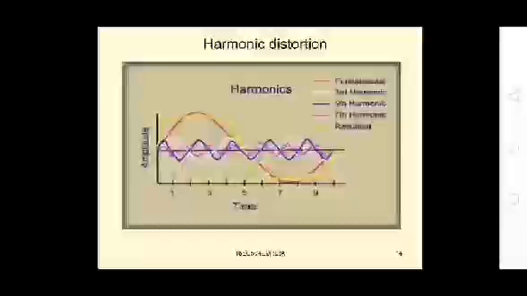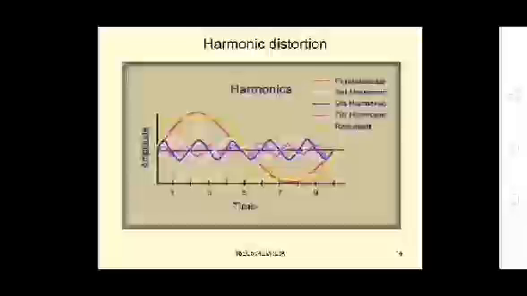You will have the fundamental signal, then the harmonics of the fundamental signal, which we call the third harmonic, fifth harmonic, seventh harmonic, shown by different colors. Then you have to add all these harmonics to your fundamental signal to get the resultant waveform at the output.